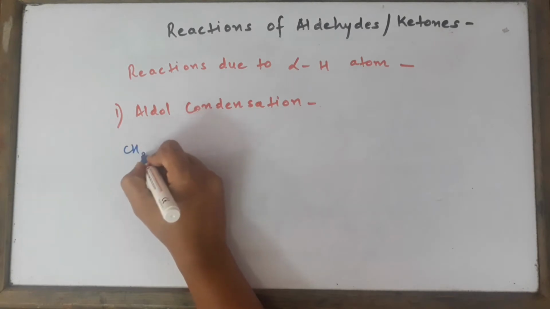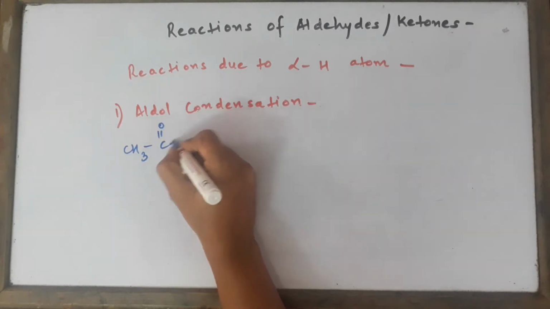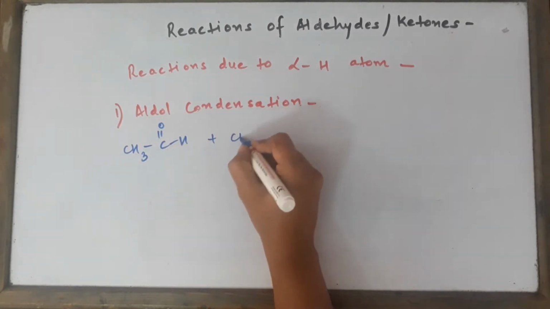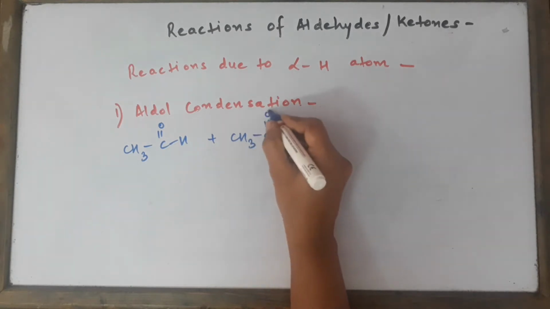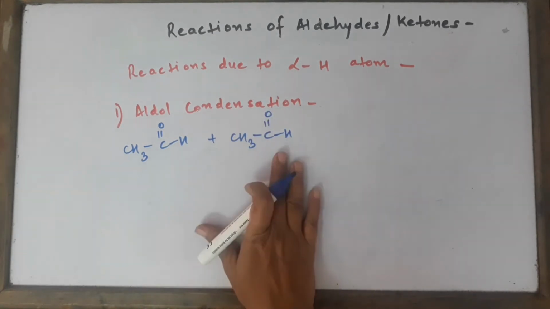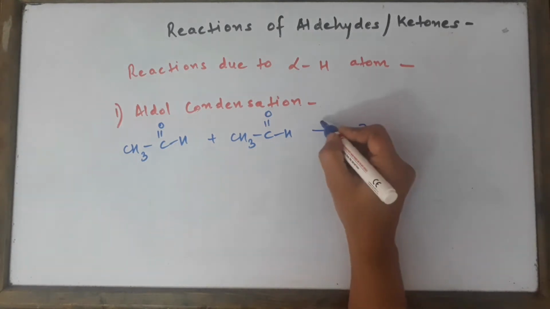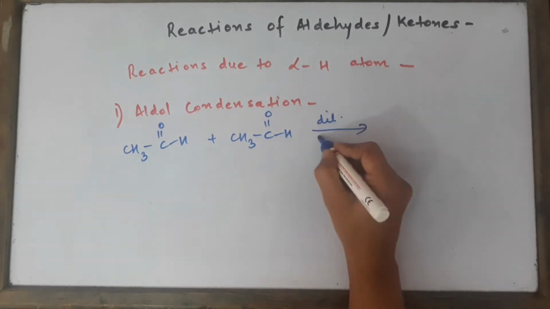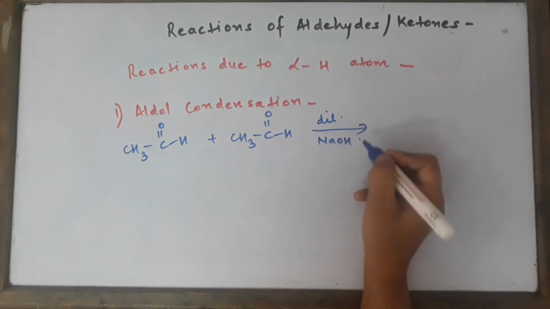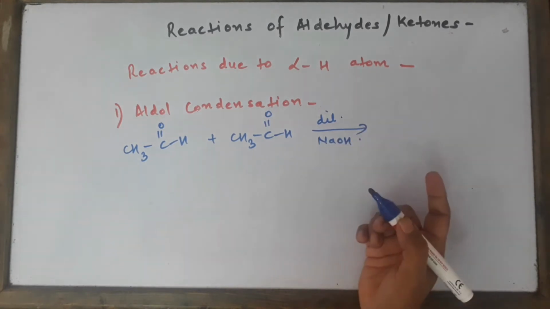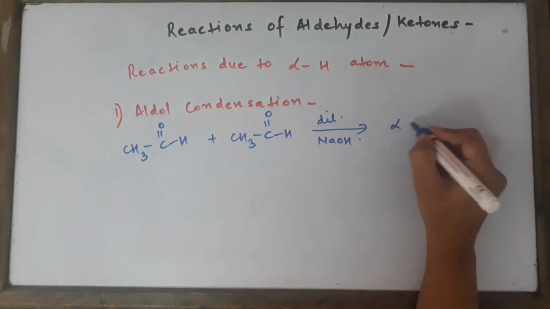We will take the same example of CH3CHO, and we're going to show that two molecules of carbonyl compounds react together in the presence of a base like dilute sodium hydroxide, and we get the formation of aldol first.